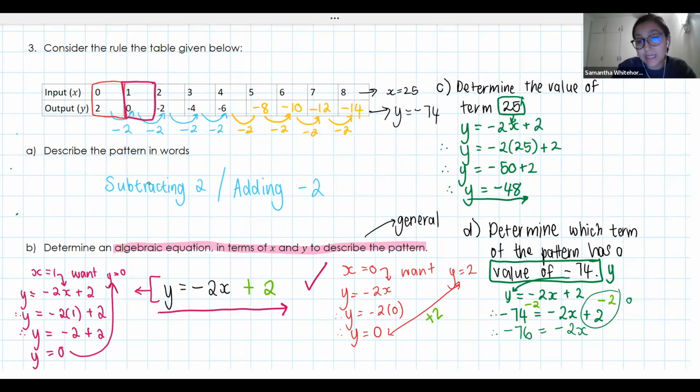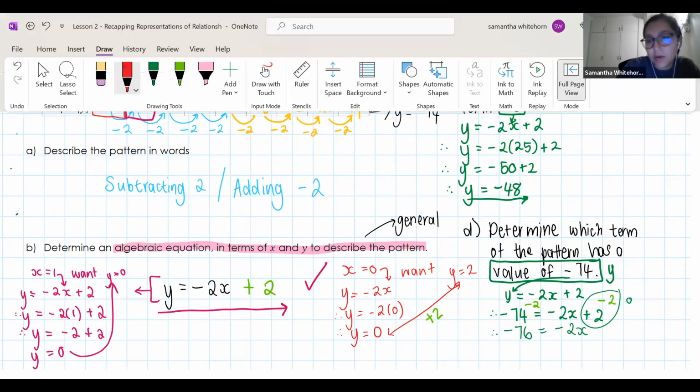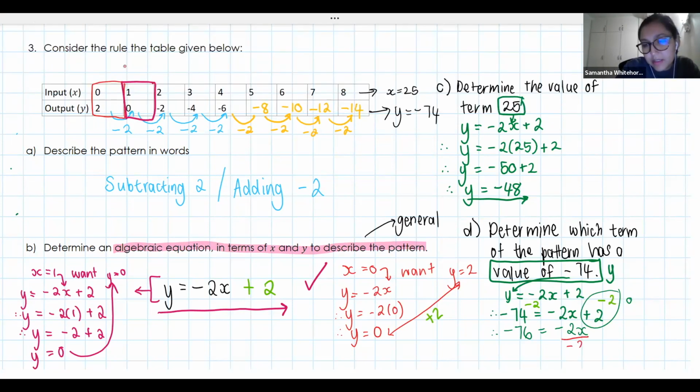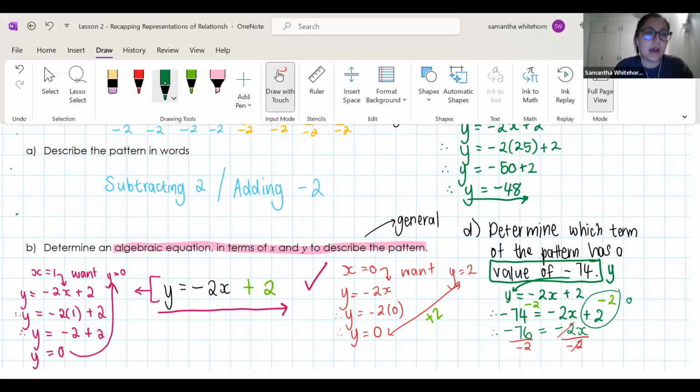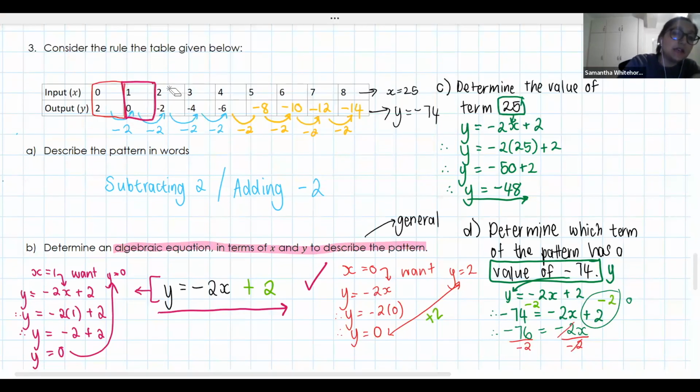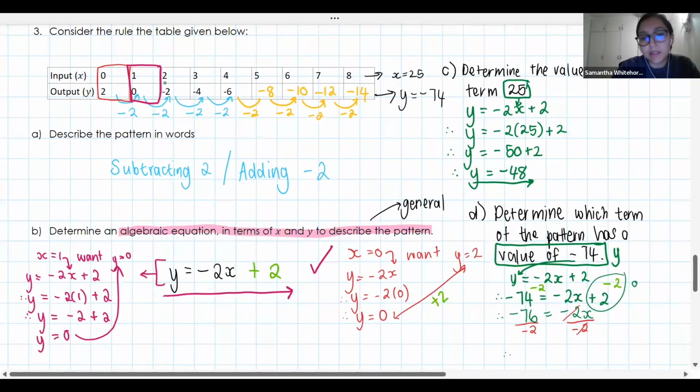Now I still want to get x alone, so the next thing I'm going to have to do is divide both sides by a negative 2. Now remember, negative 2 divided by negative 2 is 1. They essentially cancel each other out. But on the left-hand side, I've got a negative divided by negative, which is a positive.